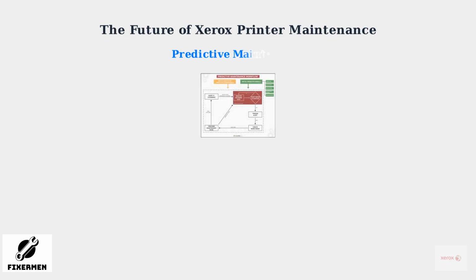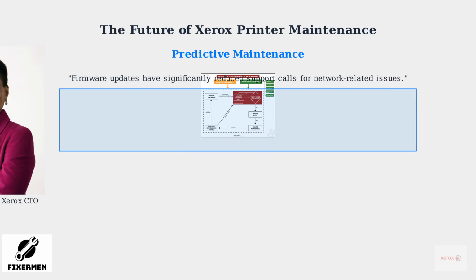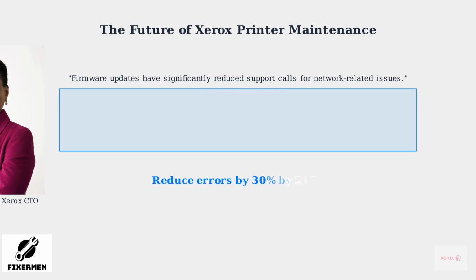The future aims for sustainable and modular designs that facilitate easier component swaps and predictive maintenance. As Xerox CTO Ursula Burns mentioned in late 2025, firmware updates have significantly reduced support calls for network-related issues. This should reduce these errors by 30% by 2030.